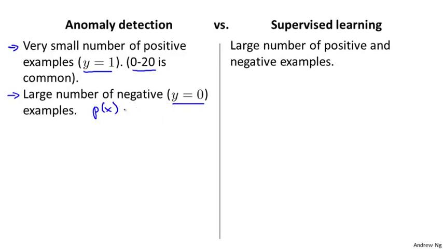So if you have a lot of negative data, we can still fit P of X pretty well. In contrast, for supervised learning, more typically we would have a reasonably large number of both positive and negative examples. And so this is one way to look at your problem and decide if you should use an anomaly detection algorithm or a supervised learning algorithm.